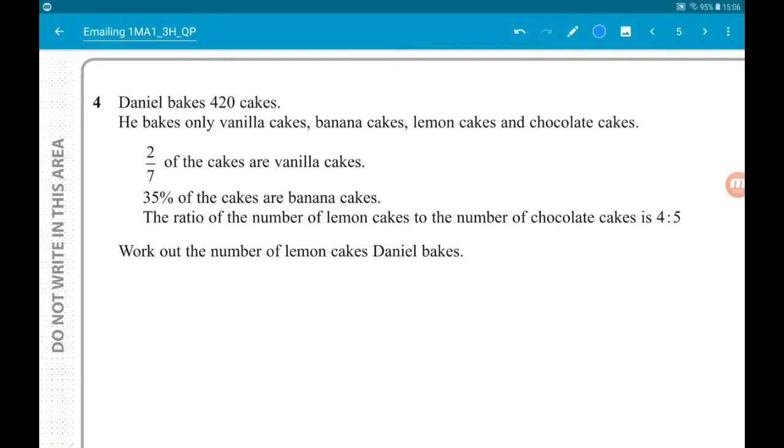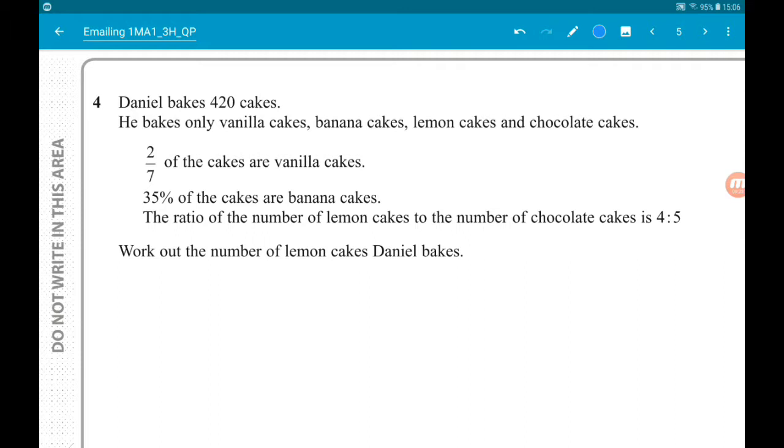Okay, number 4, a nice 5 marker all about cakes. Good times. So, Daniel makes 420 cakes. He makes vanilla cakes, banana cakes, lemon cakes, and chocolate cakes. 2/7 of the cakes are vanilla, 35% of the cakes are chocolate.